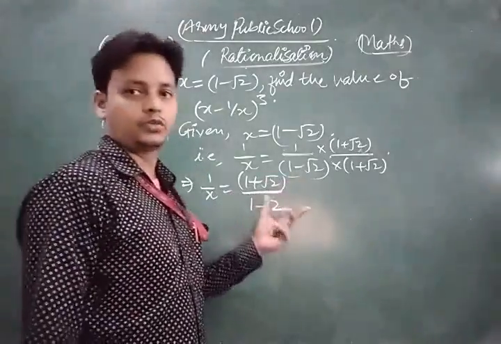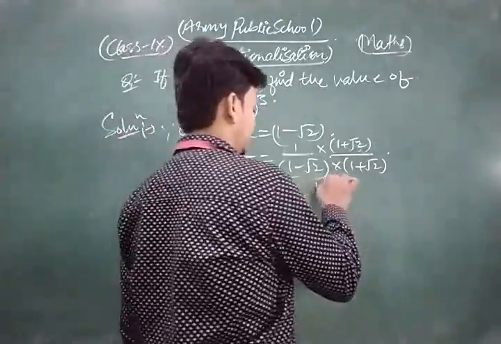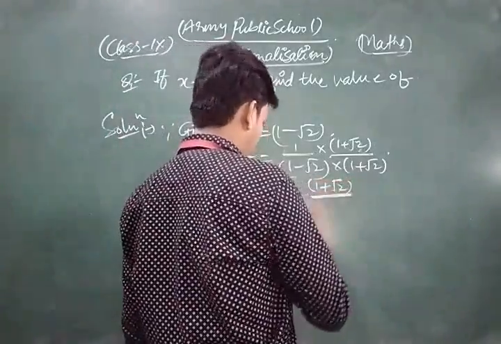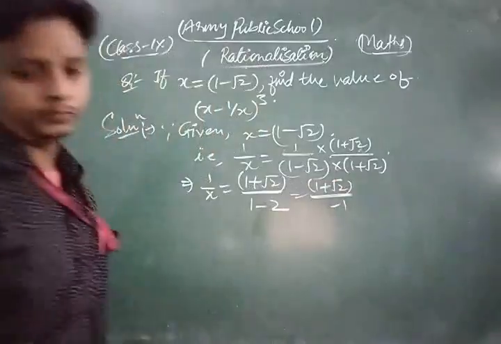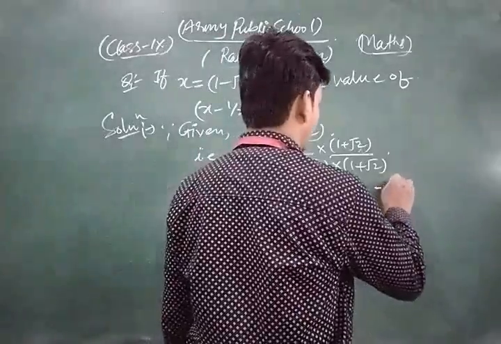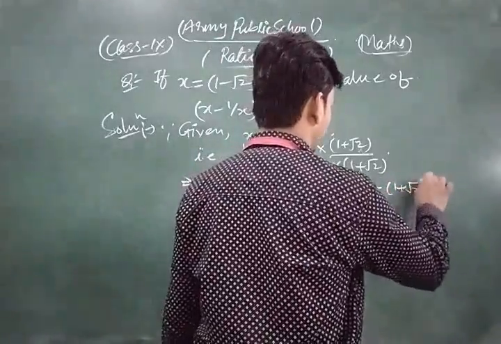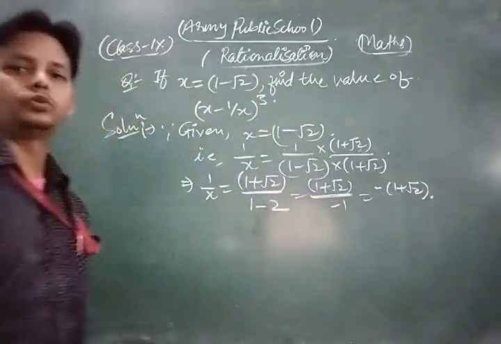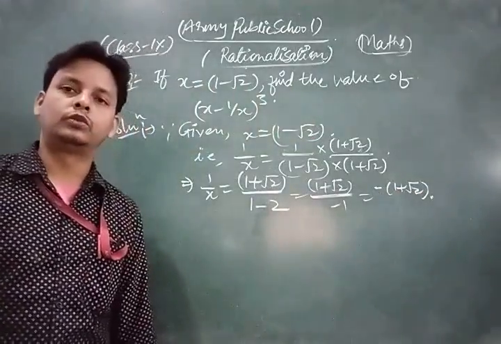Root 2 square is 2, 1 square is 1. So we get 1 plus under root 2 upon minus 1, which means the value of 1 upon x is minus 1 plus under root 2.